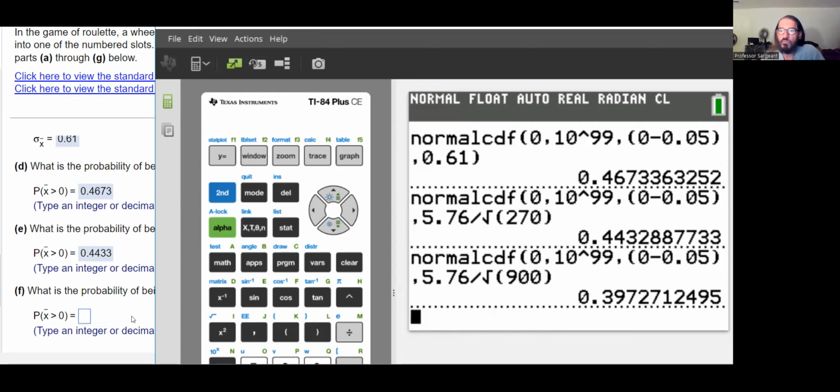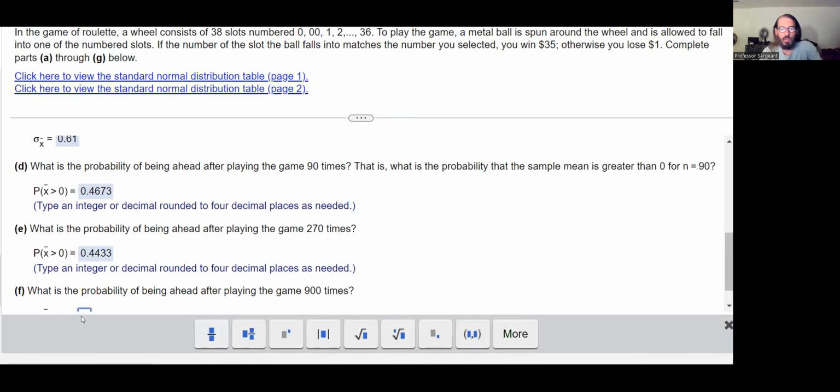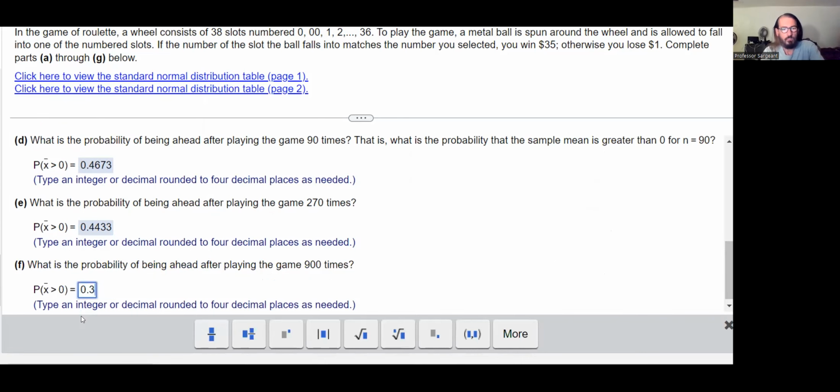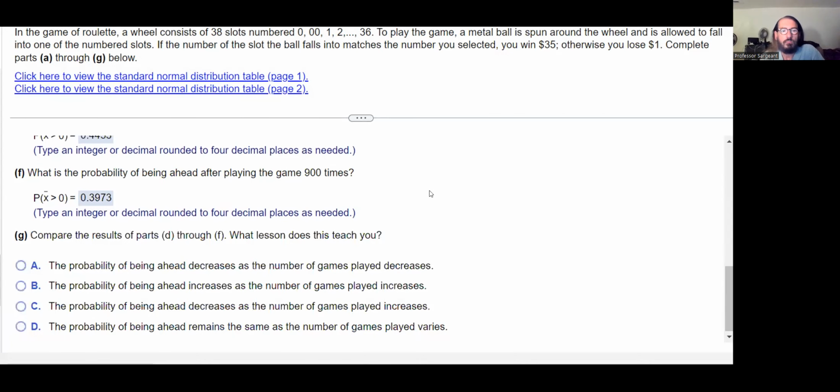I was down to 0.3973 when we play the game 900 times. So the probability of being ahead, that you're making a profit, that X bar is greater than 0, it's decreasing as the number of games increases.